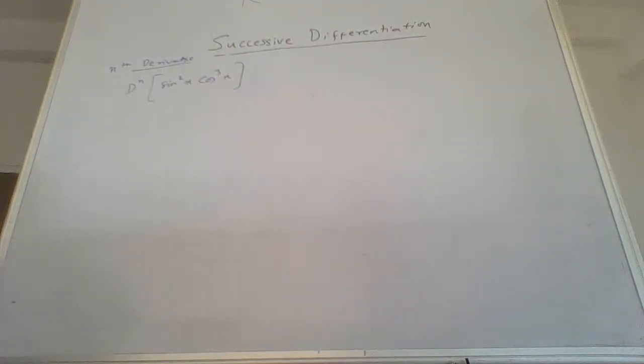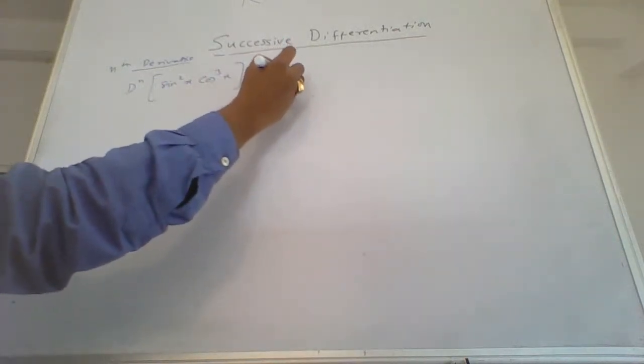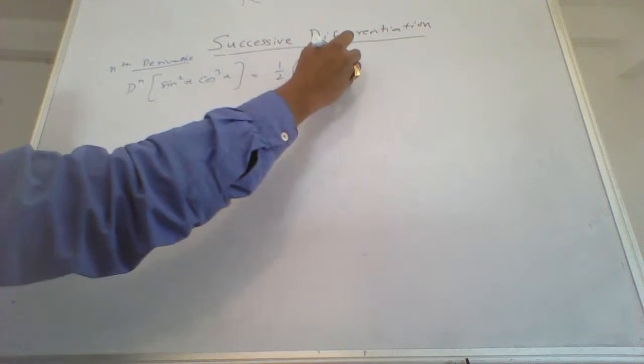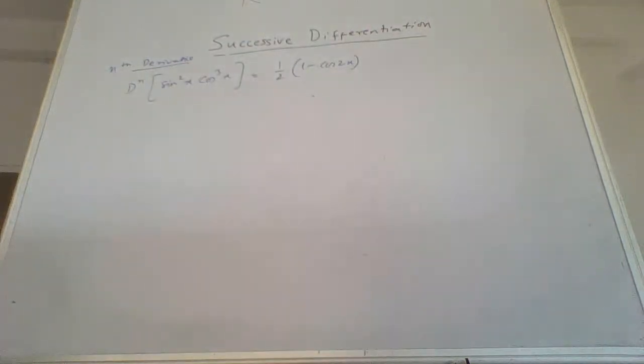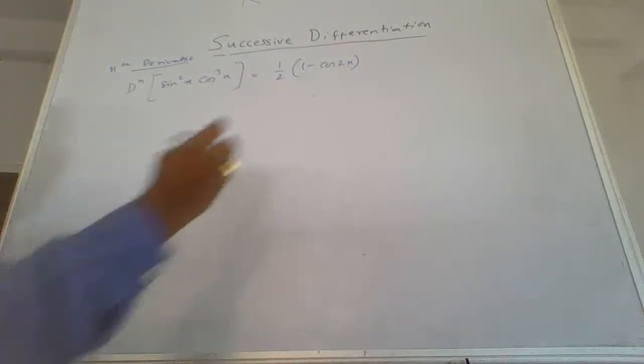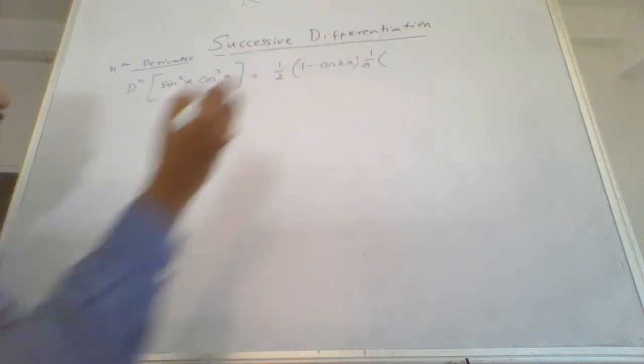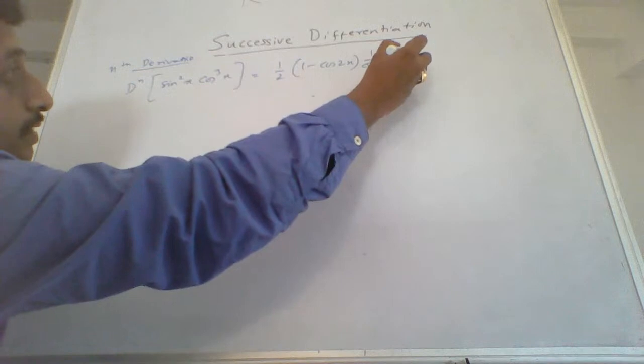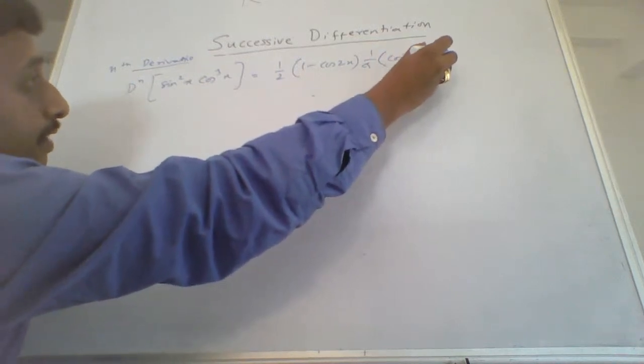Let us find the nth derivative of this now. Sine square x can be written as 1 by 2 times that of 1 minus cos 2x, and cos cube x can be written as 1 by 4 times that of cos 3x plus 3 cos x.